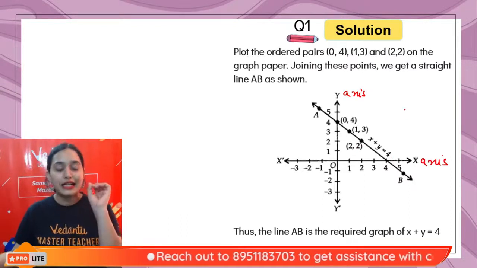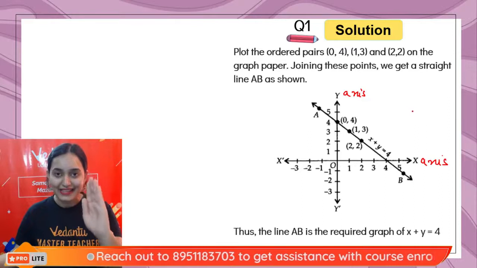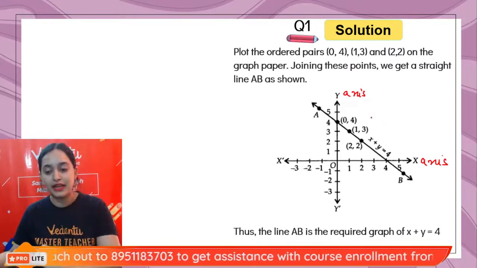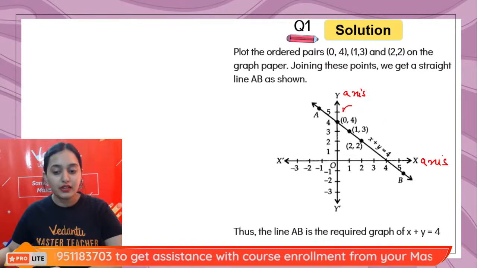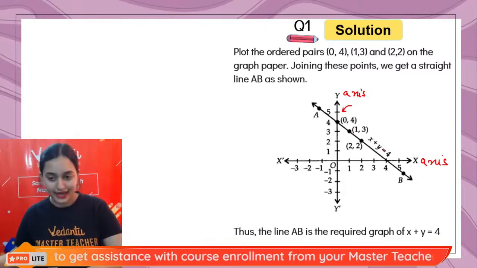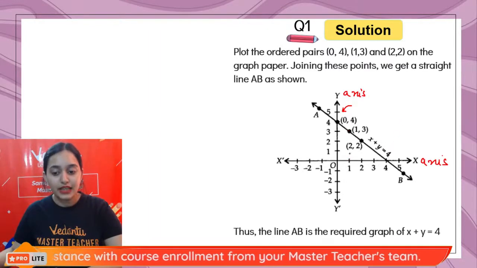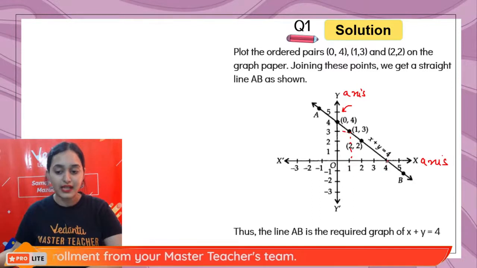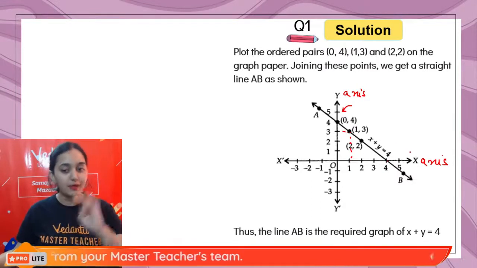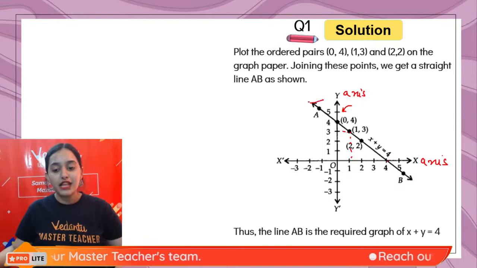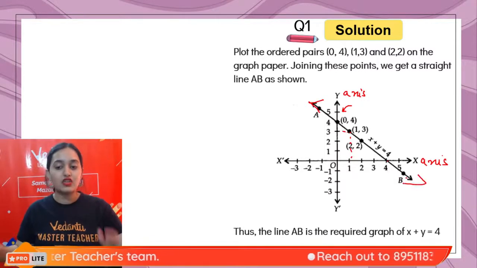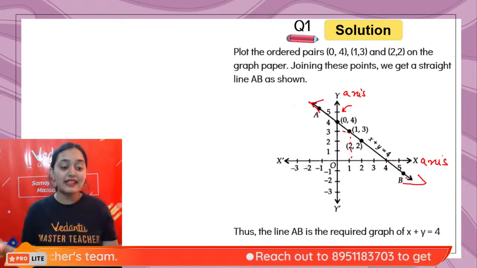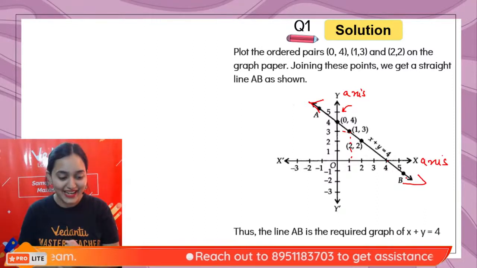After making the axes, I will mark the points. So 0, 4 will lie on the y-axis. 1, 3 is x value 1, y value 3. Similarly, 2, 2 and 4, 0. We plotted 4 points. After that, we will draw a straight line joining the points and hence our graph is obtained, right?